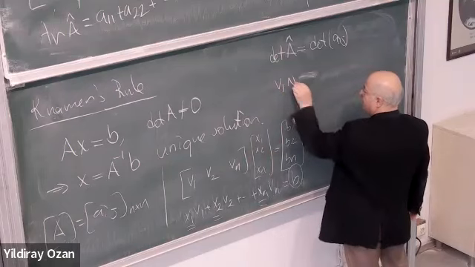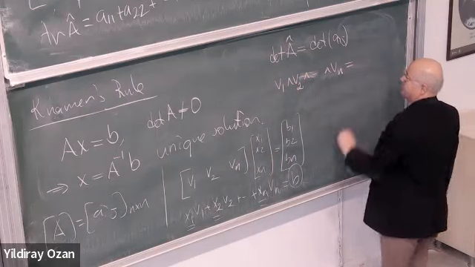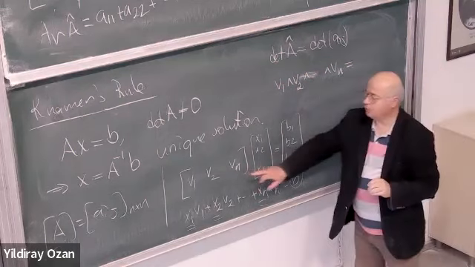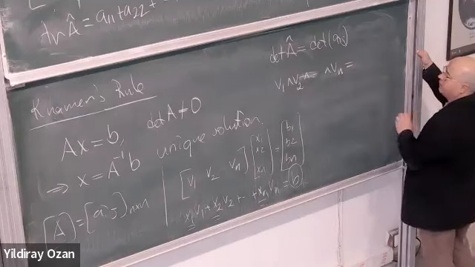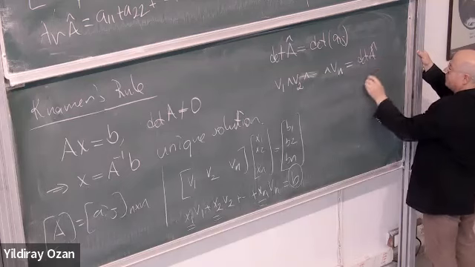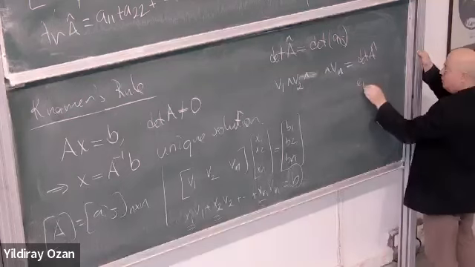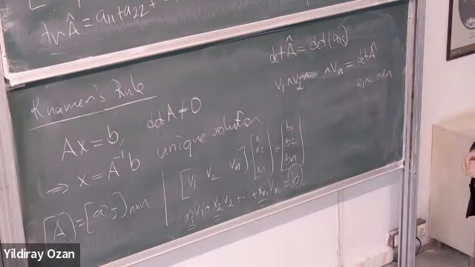If you just take the wedge of these vectors, you just get the determinant of A times, let's say, E1 up to En. Okay.